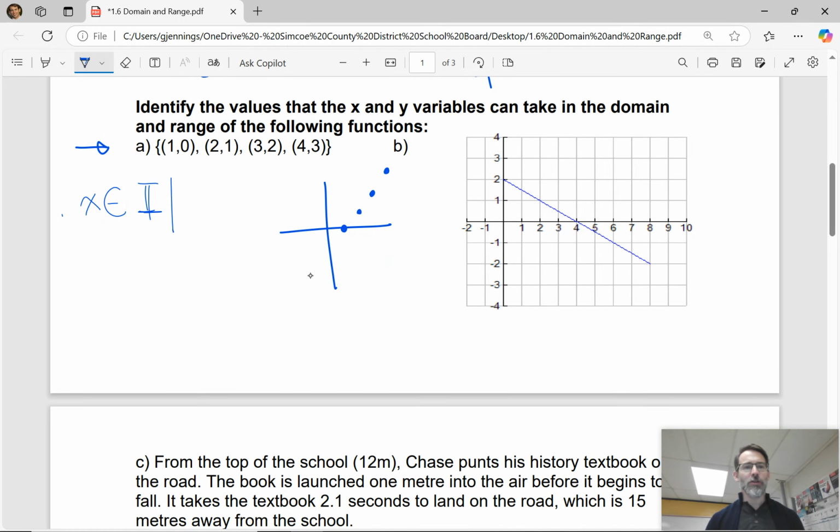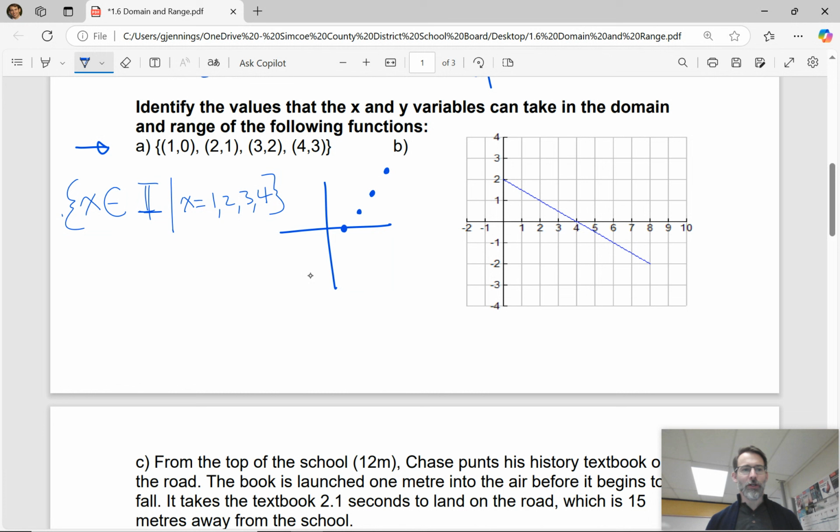And then we use this vertical bar to indicate more information is coming, pronounced "such that," x equals 1, 2, 3, or 4. That's it. And that's how we would say that's the set of all possible x values.